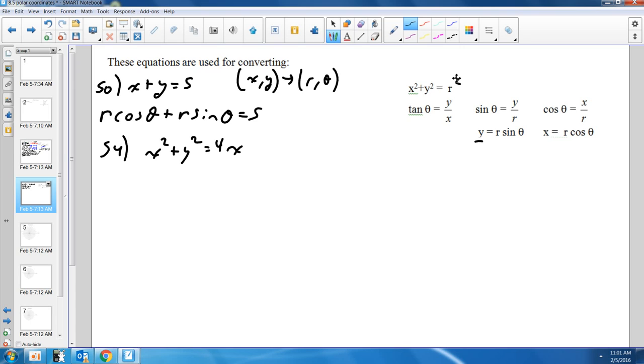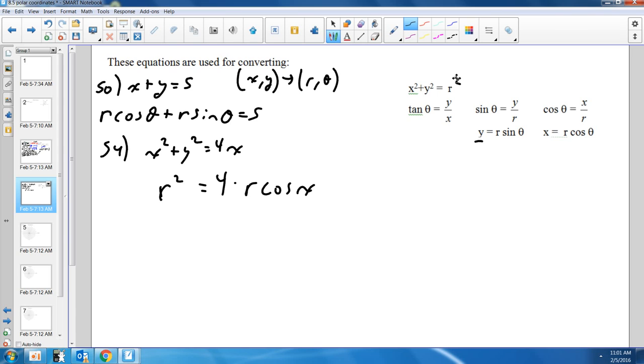You're looking at x squared plus y squared is just going to be r squared from this equation. And then my 4 times x, that's easy, 4 times r cosine theta.